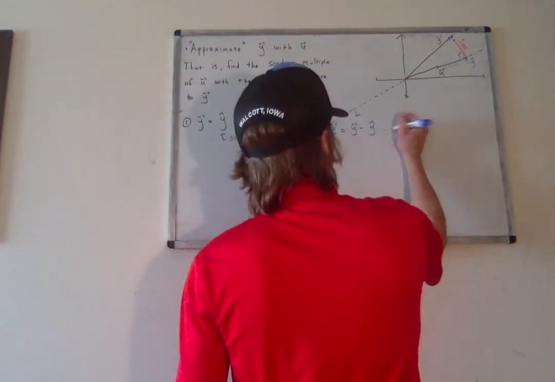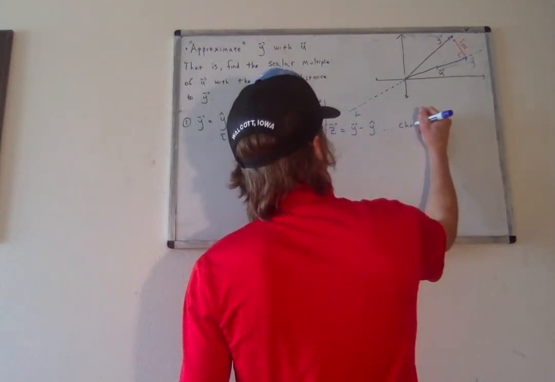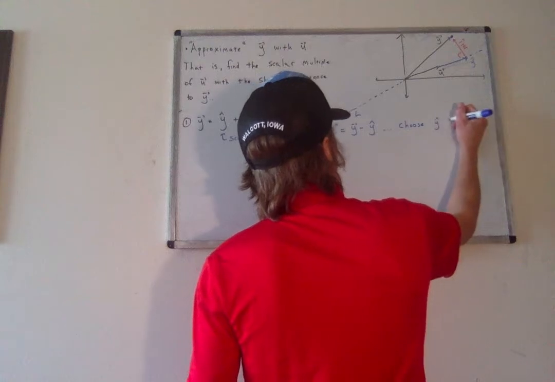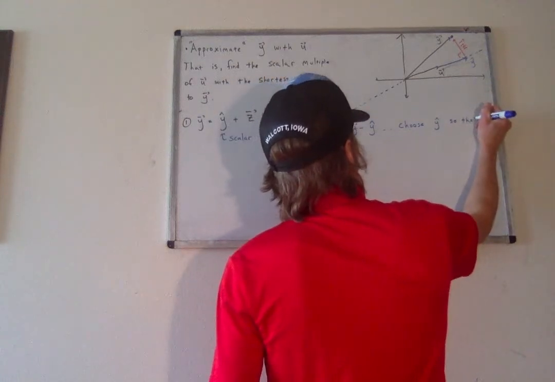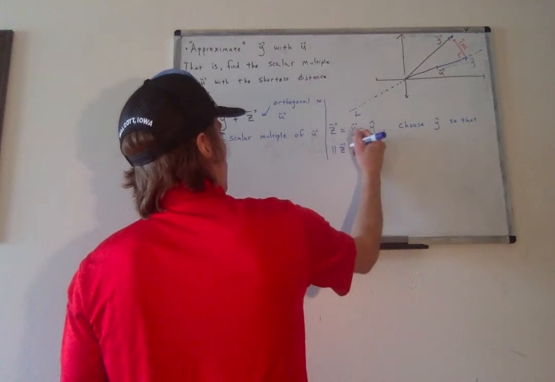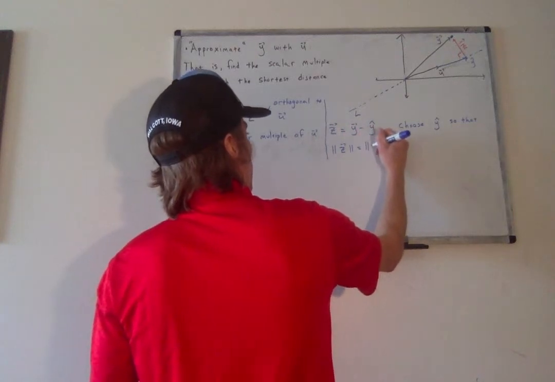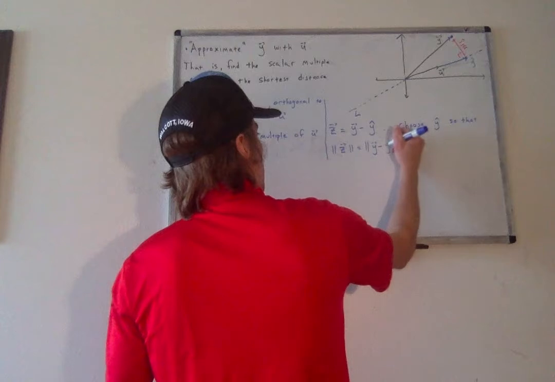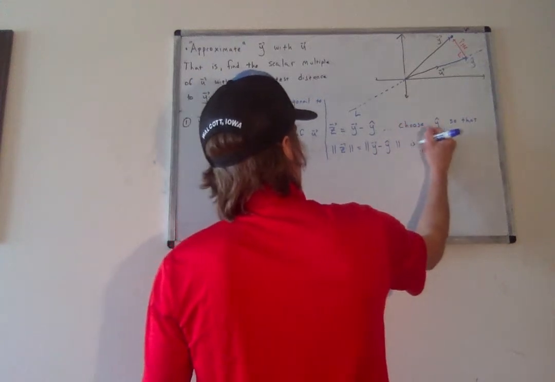So we choose y hat so that the length of z, which is equal to the distance from y to y hat, is minimum.